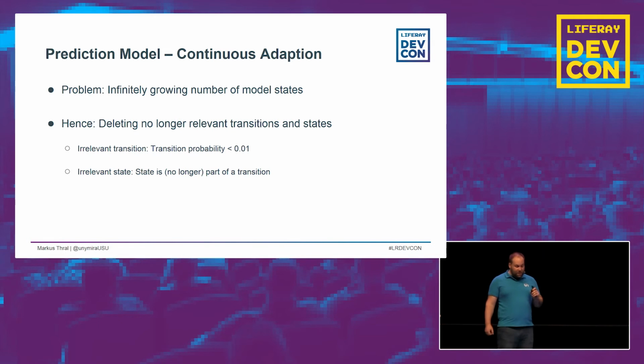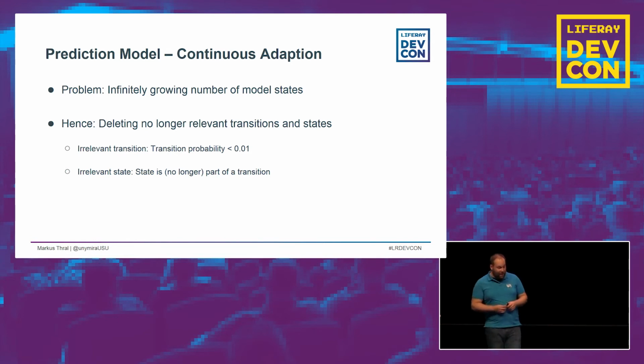Okay, another problem is, let's say you add one page to your web page, to your portal every day. You also have an infinitely growing number of model states, and we have to address that also. So we have to delete no longer relevant transitions or states from the model.